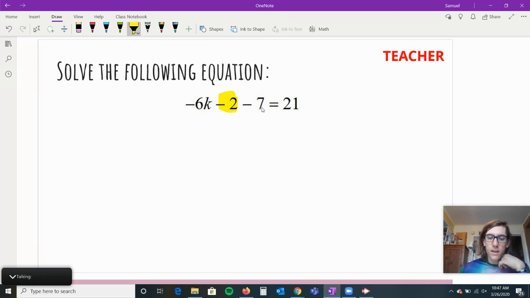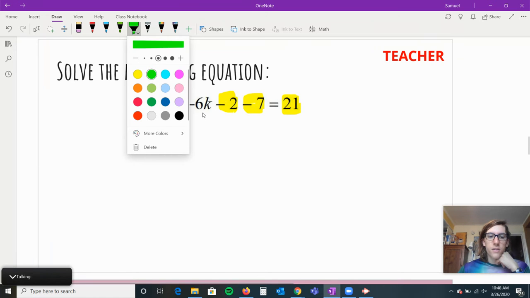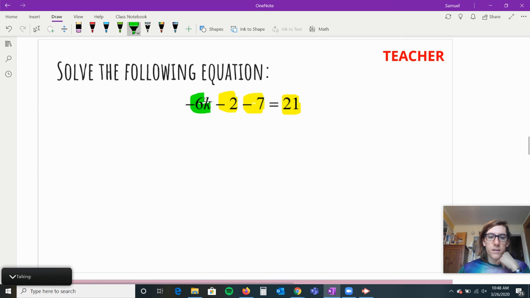I've got another number term here, a -7, and a 21 over here. And then I've got a k term over here. So that makes it really nice and easy to see, right? These three are all like terms, and this one is not.